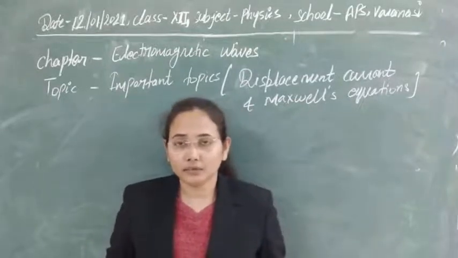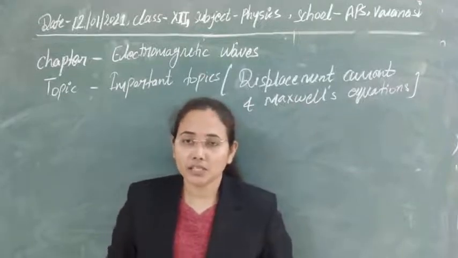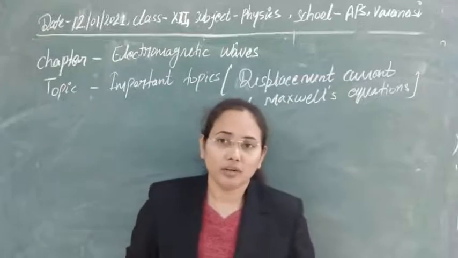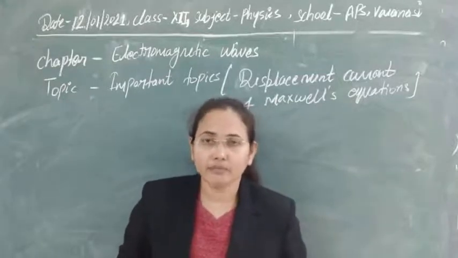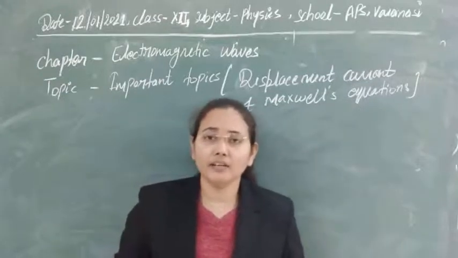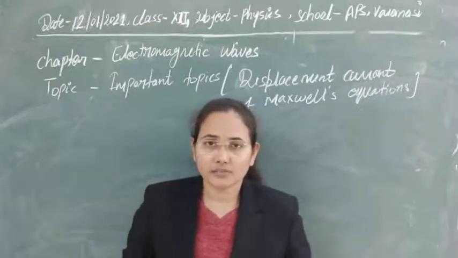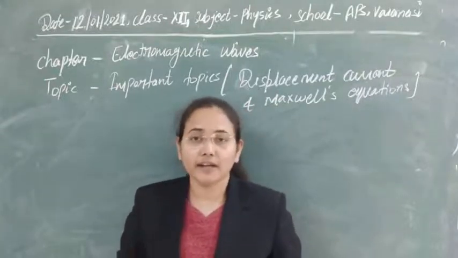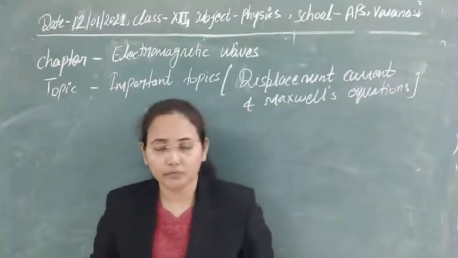The fourth equation, in which displacement current is introduced, is called the modified Ampere's law, and with its help we can even calculate the electric field whenever there is a change in flux, for steady current flowing in a conductor or for varying current.